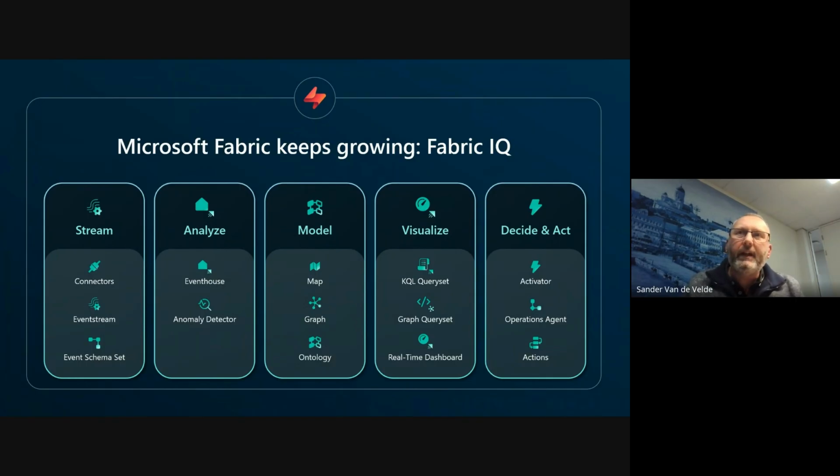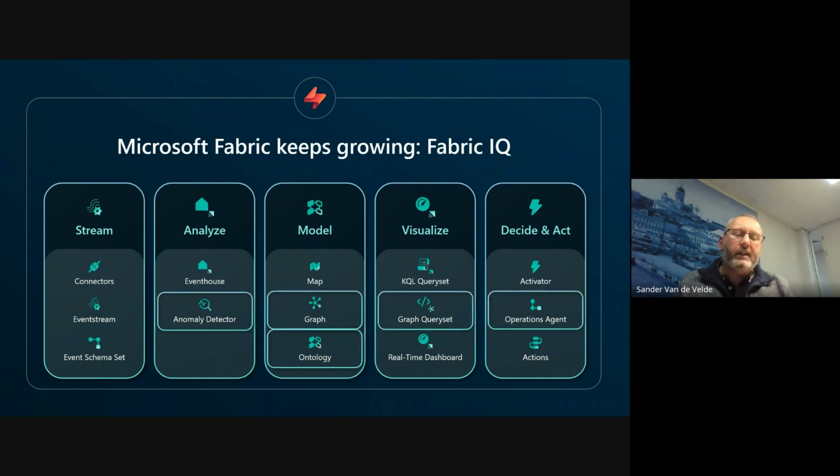Microsoft last week introduced Fabric IQ, and they offered a new set of solutions on top of the stuff that we are already doing. The anomaly detector, ontology, operational agent. And although this is all in public preview, so don't go tell your customer they can use it tomorrow already, it is there, and you can try it out yourself.